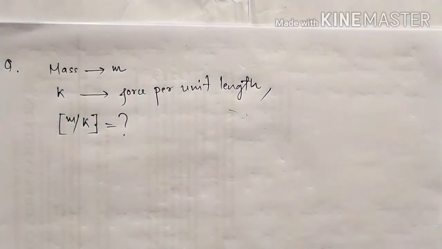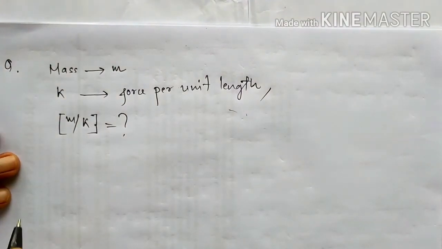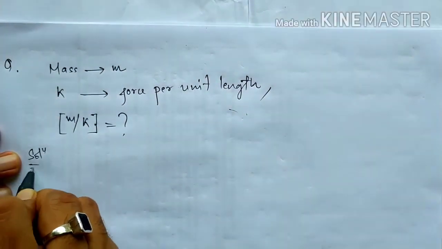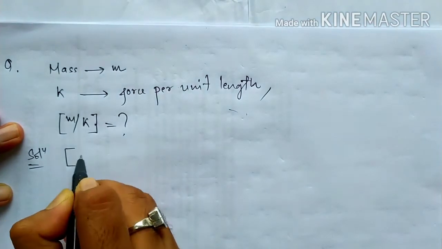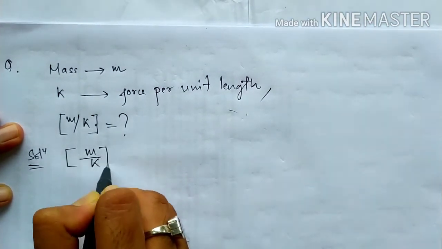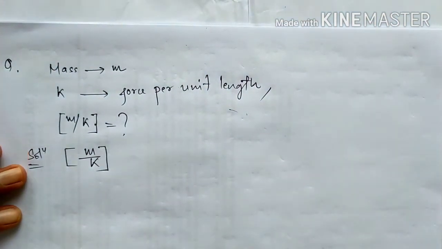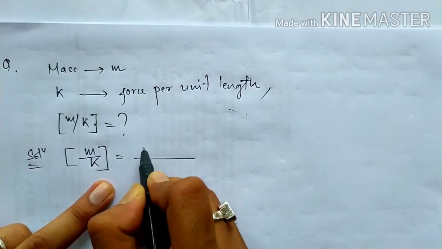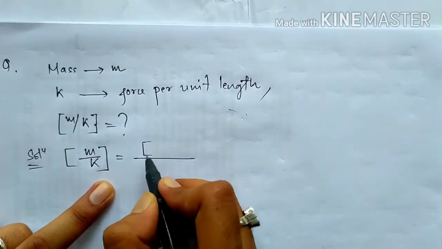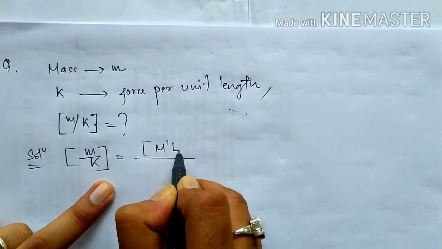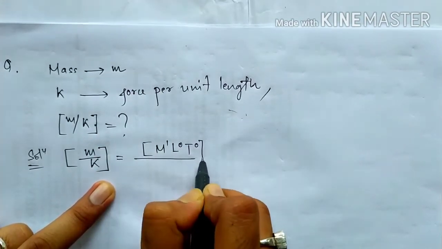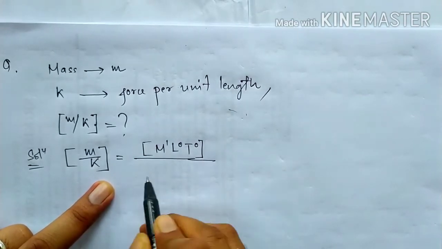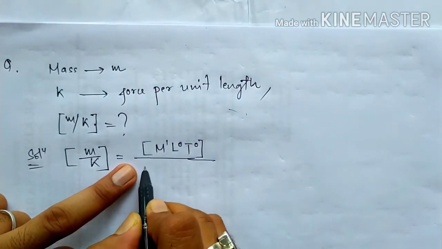So let us try to solve it. The dimension of m divided by k, this is what I have to find. So this will be equal to the dimension of mass, because m represents mass, so it is M to the power 1, L to the power 0, T to the power 0, divided by the dimension of k.